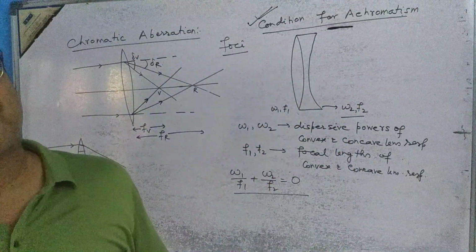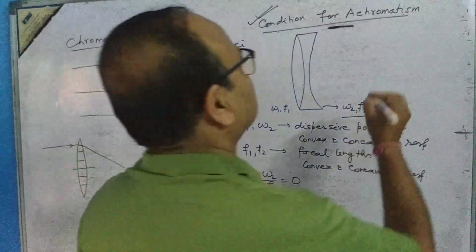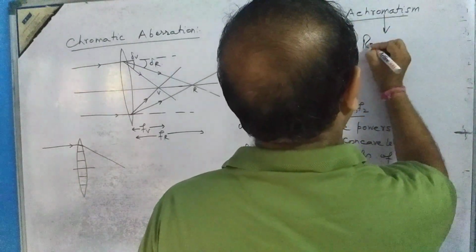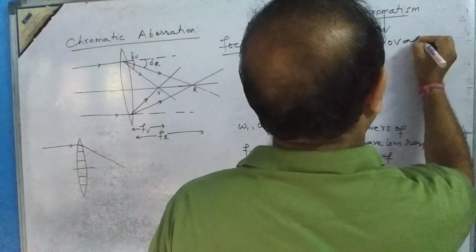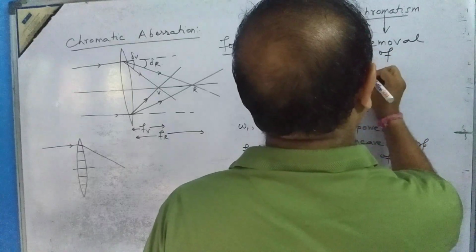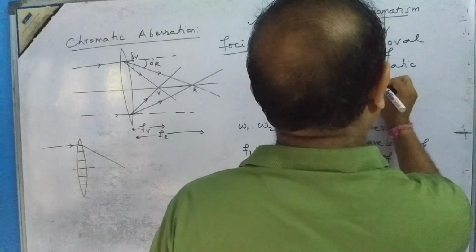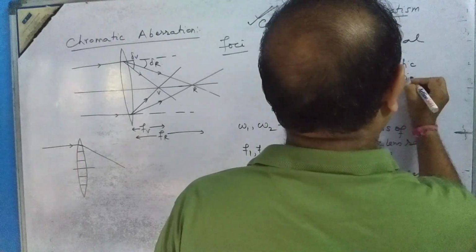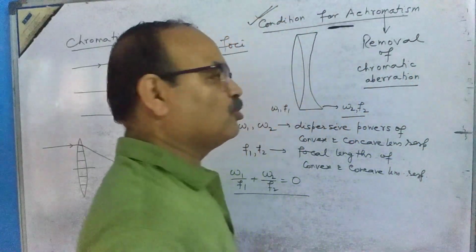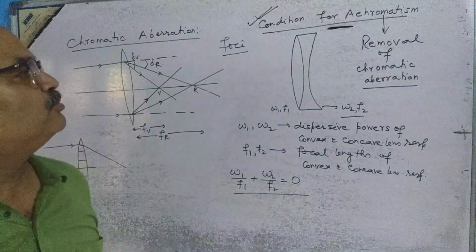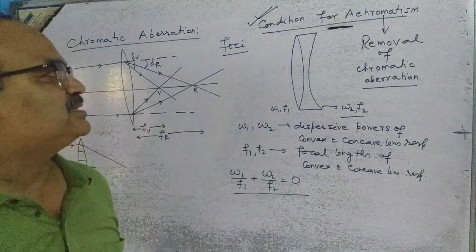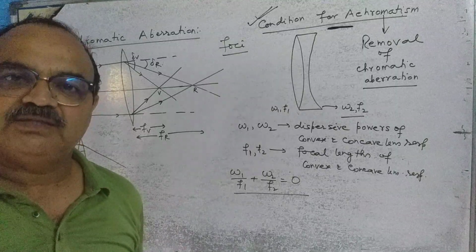What is the meaning of achromatism? The word achromatism means the removal of chromatic aberration. The removal of chromatic aberration is known as the condition for achromatism.